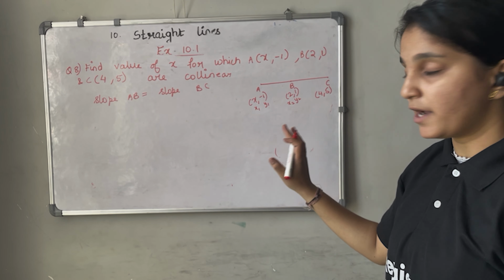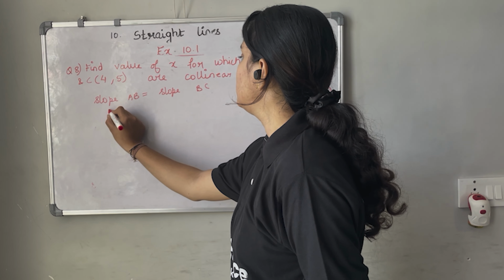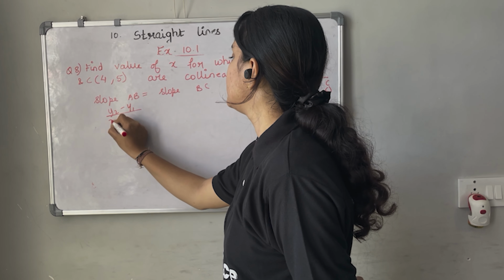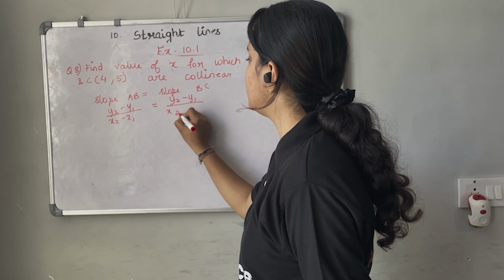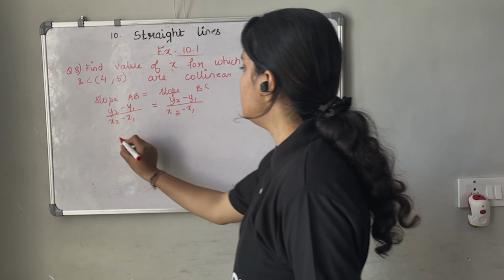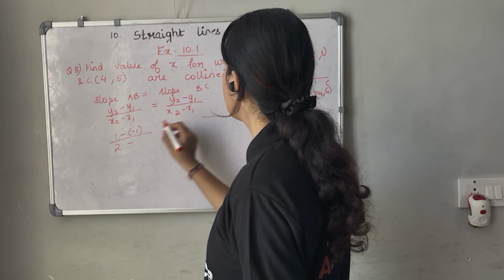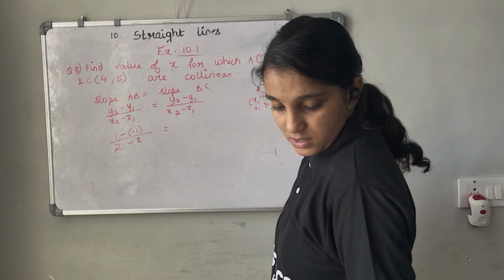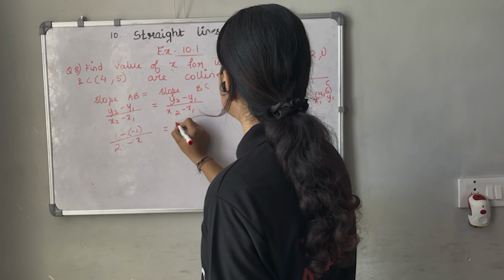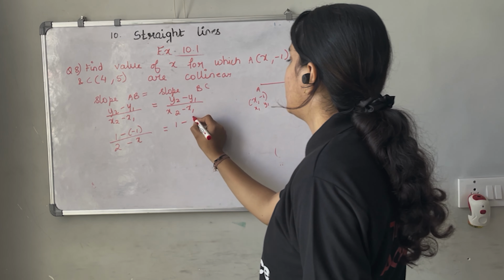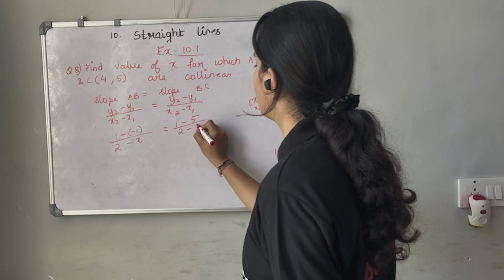Slope AB will be y2 minus y1 upon x2 minus x1, which is 1 minus of minus 1 upon 2 minus x, equal to, for BC, let it be x1 y1 here, y2 is 5 minus y1 1 upon x2 is 4 minus 2.